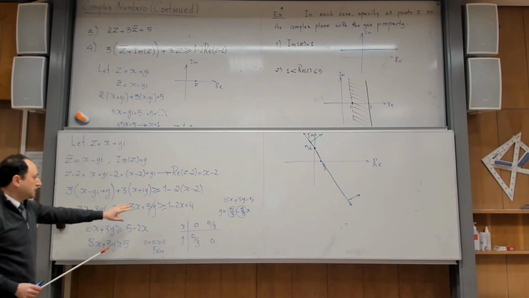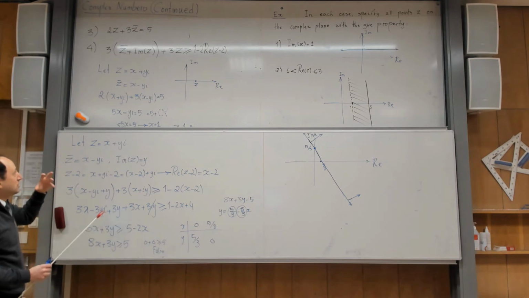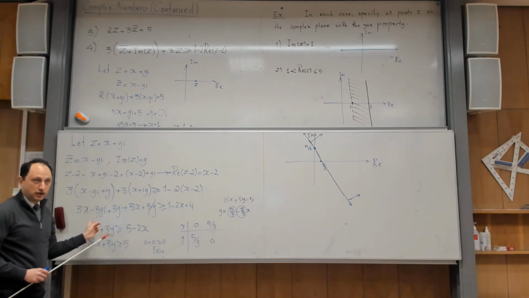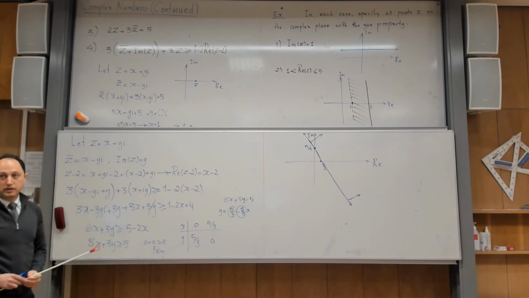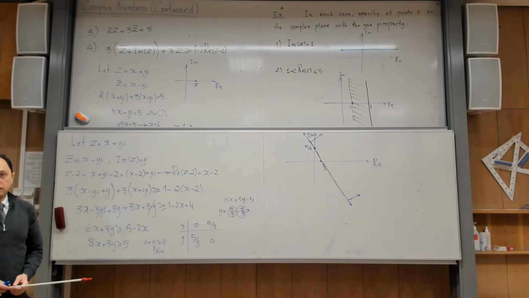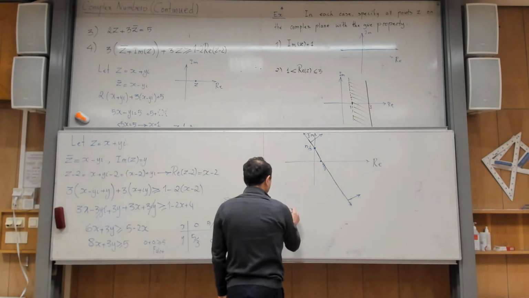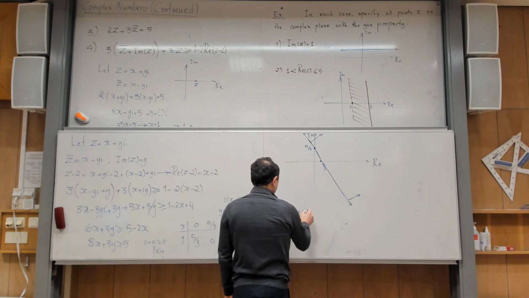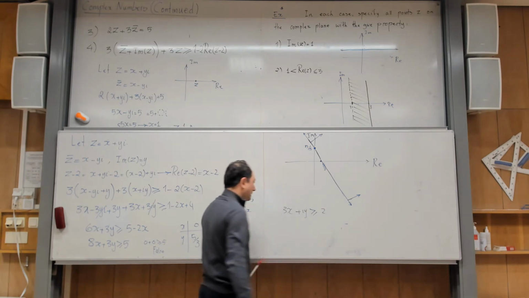Assume that I did the calculation, so when I was designing the question, I fine-tuned the numbers in a way that I can get rid of I. If I couldn't get rid of I, what was my problem then? For example, let us assume that I will get 3x plus iy greater than or equal to 2. Then what was my problem?